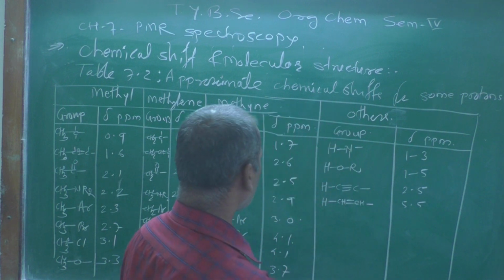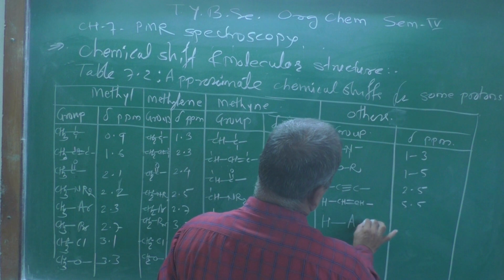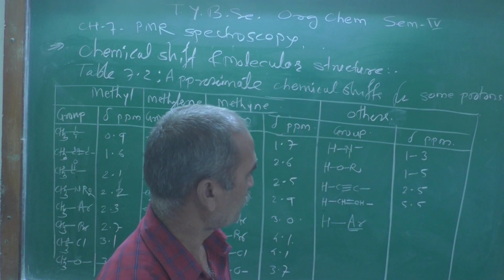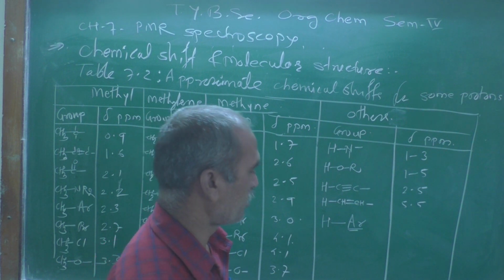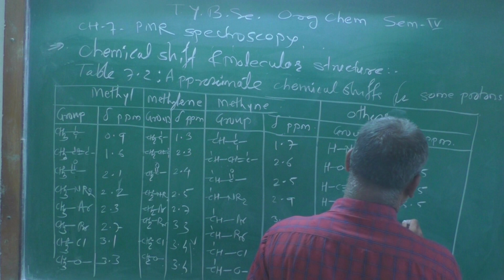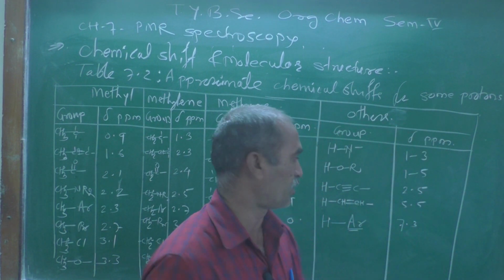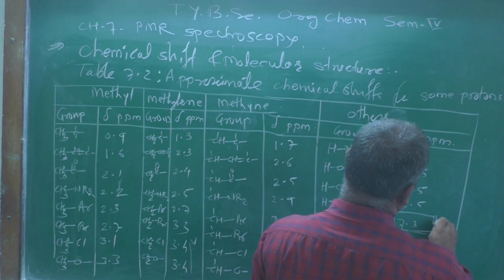Now suppose this is a proton attached to the Ar, meaning aromatic moiety, then the value of that aromatic proton is found to be 7.3, which is very important from the exam point of view.